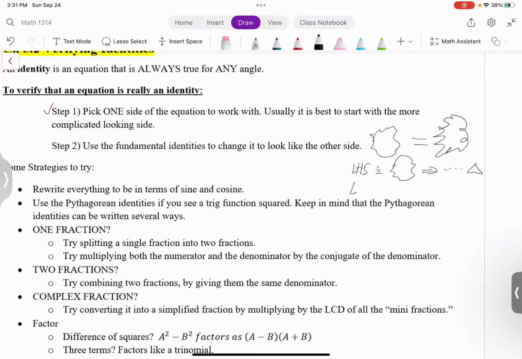And then my right-hand side, for example this one, I prove that it also equals a triangle. So a triangle equals a triangle, left-hand side equals right-hand side. This is also an identity.